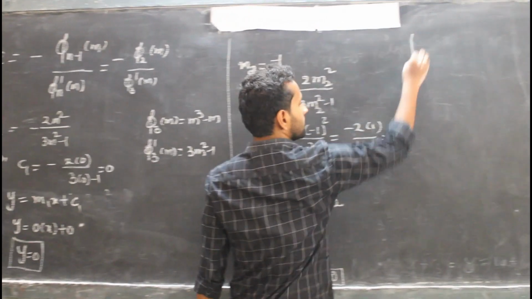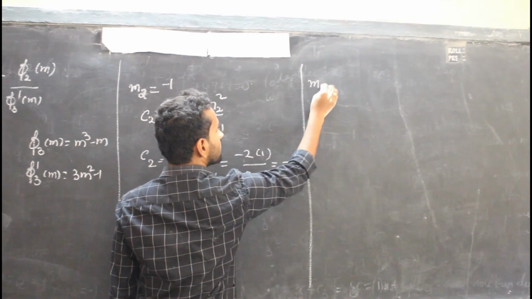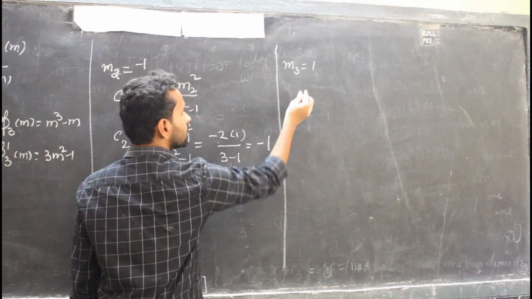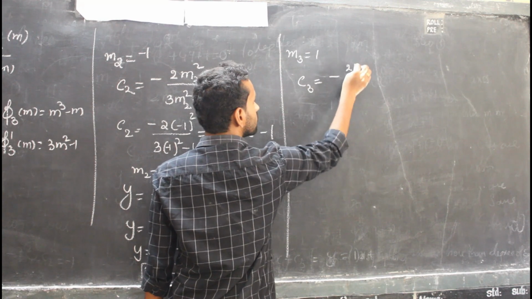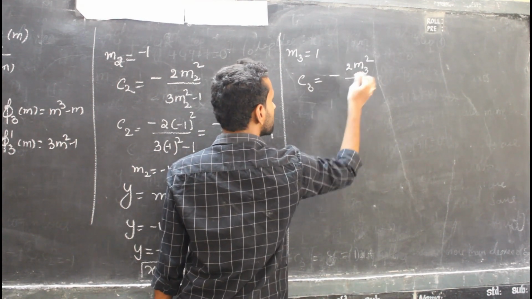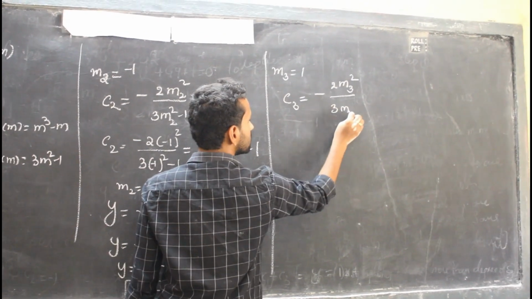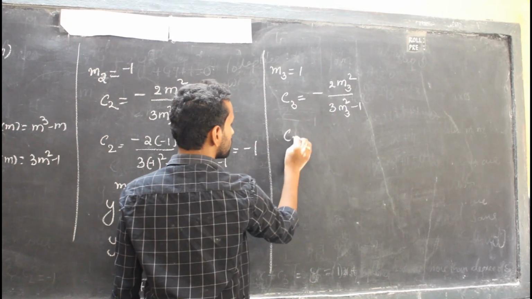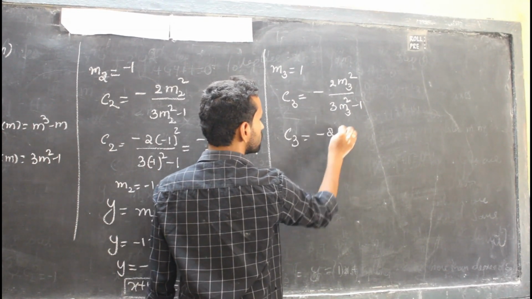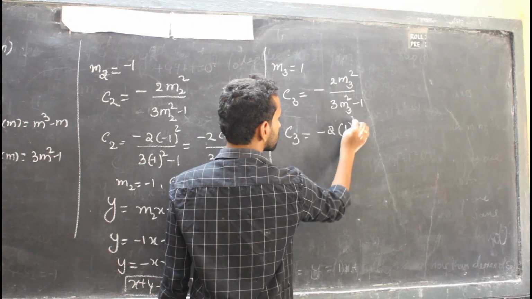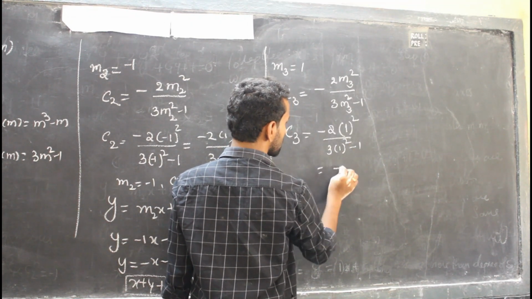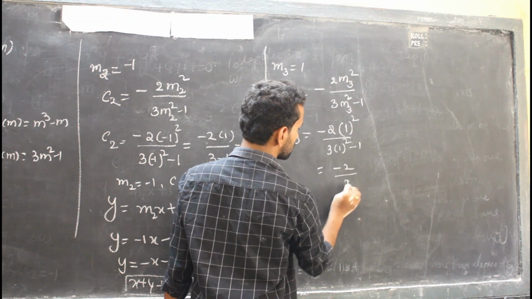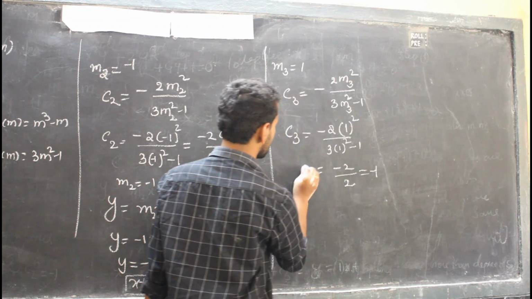Now m3 equal to 1. So c3 will be minus 2 m3 square divided by 3 m3 square minus 1. So c3 equal to minus 2 into 1 square divided by 3 into 1 square minus 1. This becomes minus 2 divided by 2, again minus 1.